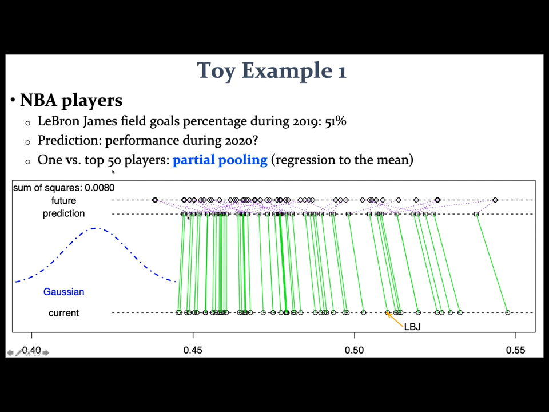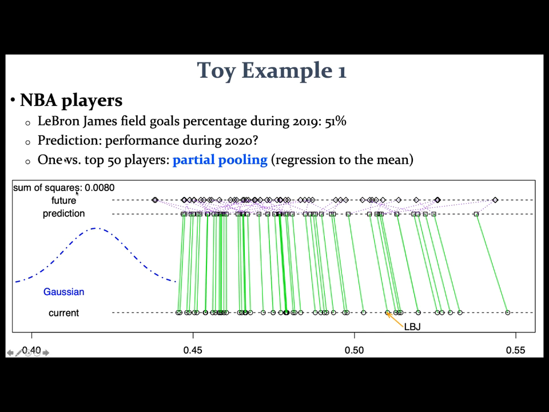If we do that, we call the result partial pooling because we know the phrase regression to the mean, right? We tend to pool those high performers and the low performers toward the middle. That's regression to the mean. That's why we call it partial pooling.